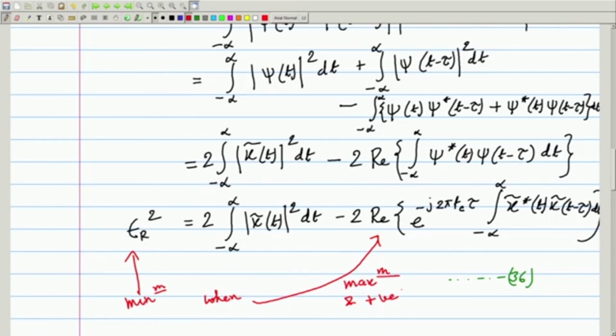Now what is the second term? It is a varying function of tau. You see, actually I should write it. This thing is dt, and this is an integration in which the running variable is t.